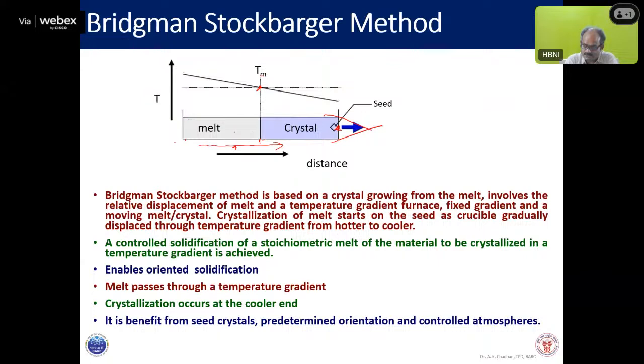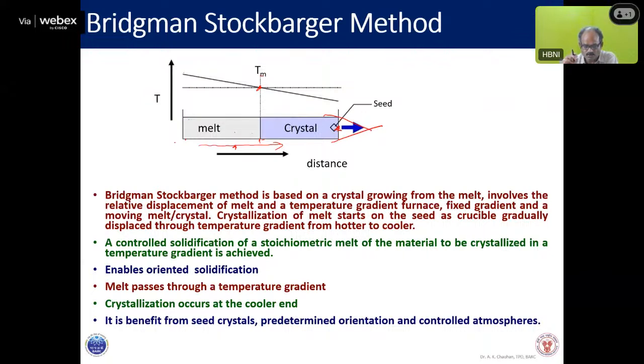Crystallization of melt starts on the seed as the crucible is gradually displaced through the temperature gradient from hotter to cooler. A controlled solidification of the stoichiometric melt of the material to be crystallized in a temperature gradient is achieved. It enables oriented solidification, which depends on the direction of the seed.